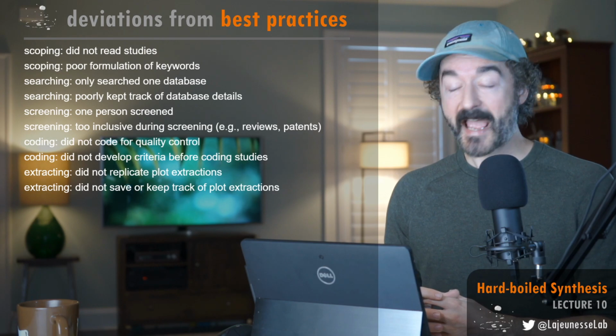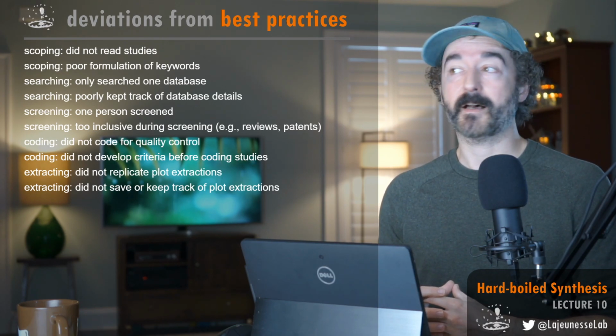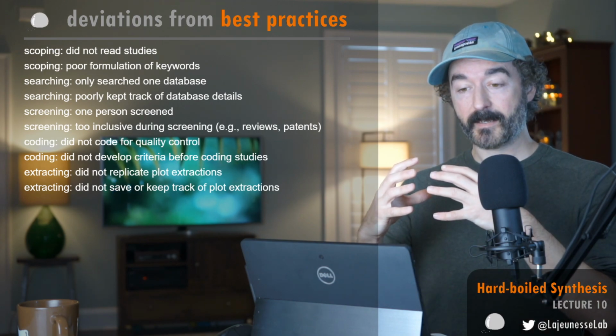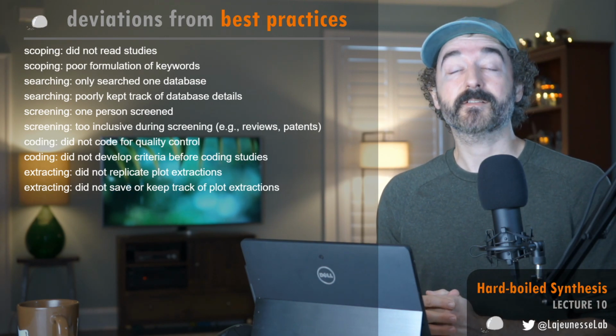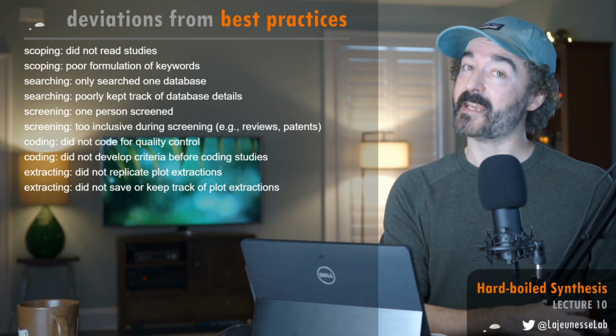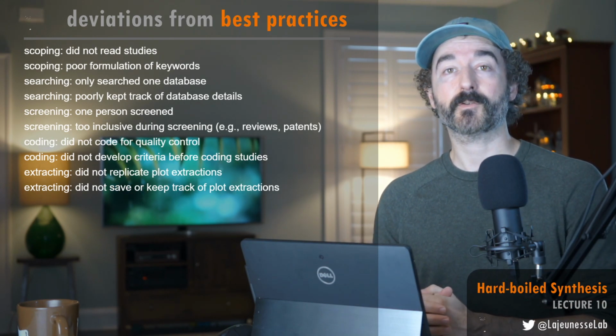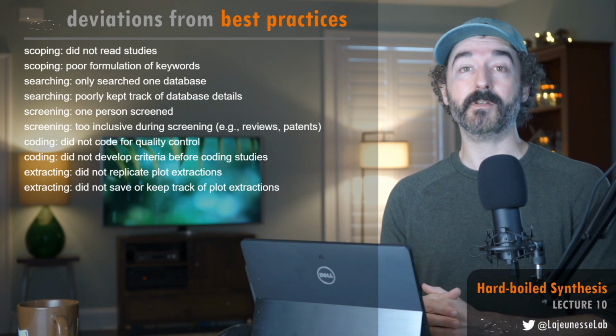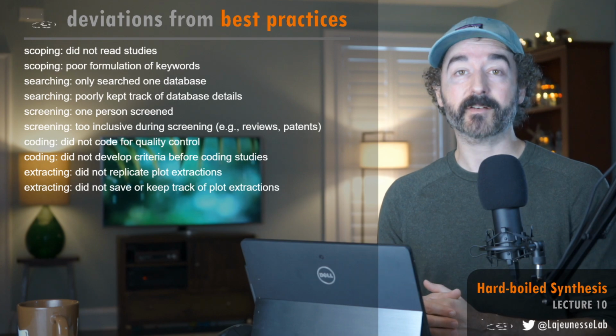good practices of transparency necessitate that you save and record all the decisions you make. Right? So if someone wants to assess the quality of your meta-analysis or systematic review, they will have a record of your original extractions.